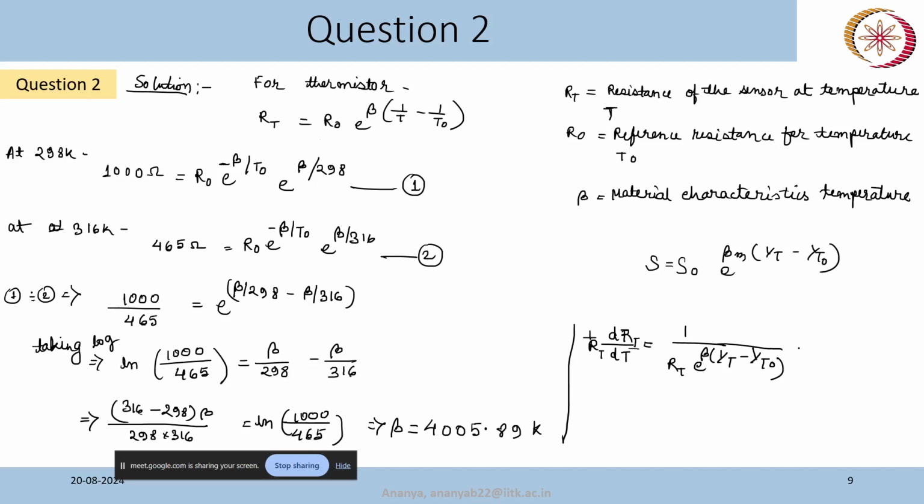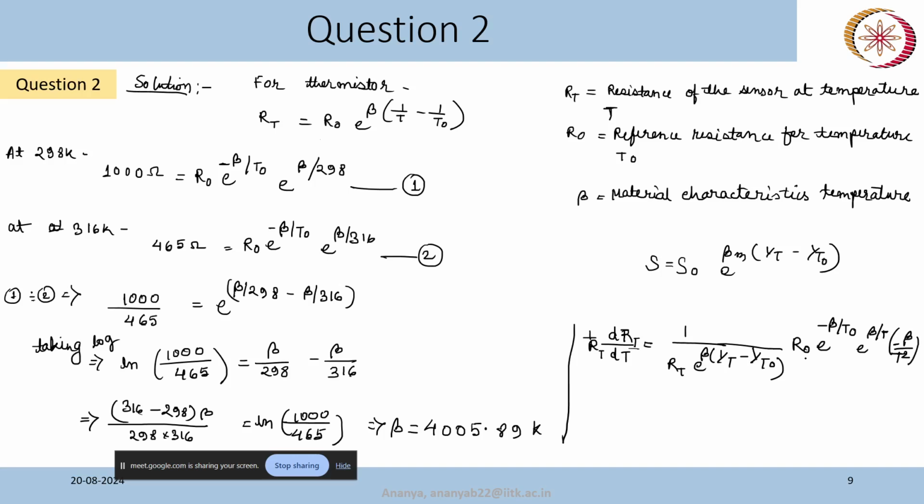So that will be R0 exponential e to the power minus beta by T0. This is constant. Then we have to differentiate exponential beta by T part. So that will be exponential beta by T, and we will differentiate again beta by T, so that will be minus beta by T square.